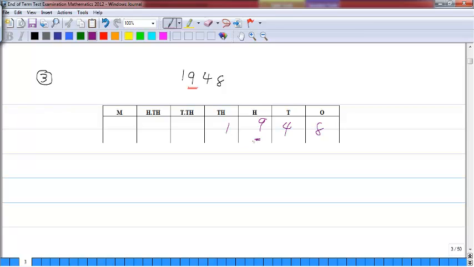The 9 is underlined, so it would be 1 times 1000, 9 times 100. Okay, and that is option C. So for number 3, our answer is C.